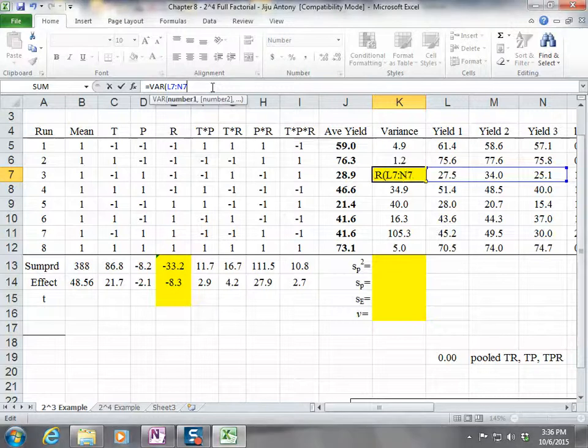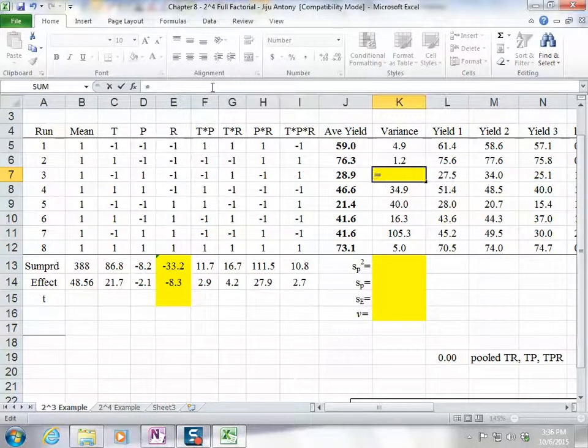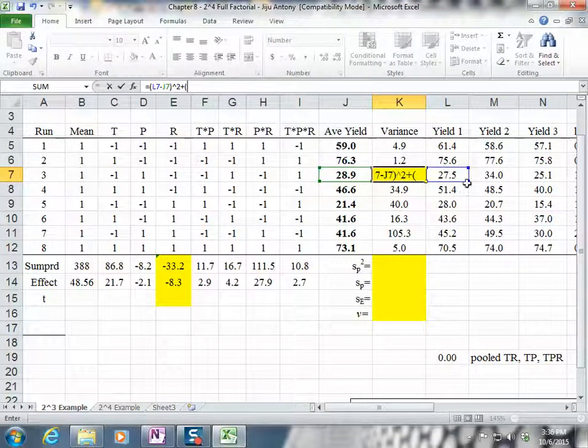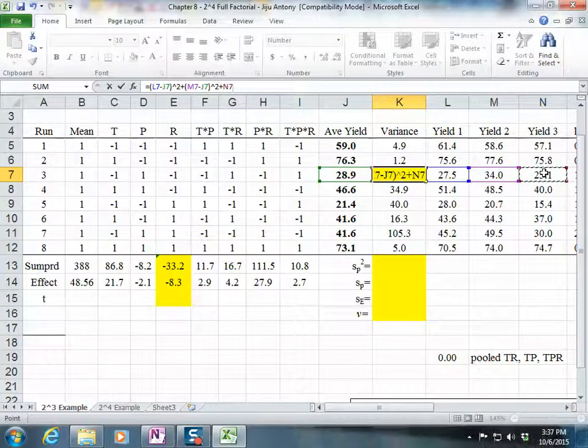Should we do it by hand? So variance would be this minus that, squared, plus that minus that, squared. Each number minus the mean, squared, all added up.